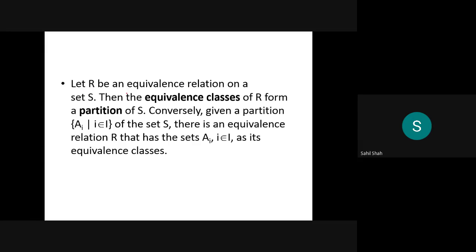Let R be an equivalence relation on the set S. Then the equivalence classes of R also form a partition of the set S. So whatever equivalence classes that we are defining on the binary relation R, these will in turn form a partition of S. Conversely, if you have been given a partition, you will be able to define equivalence classes as well as an equivalence relation such that the sets present in the partition are the equivalence classes.